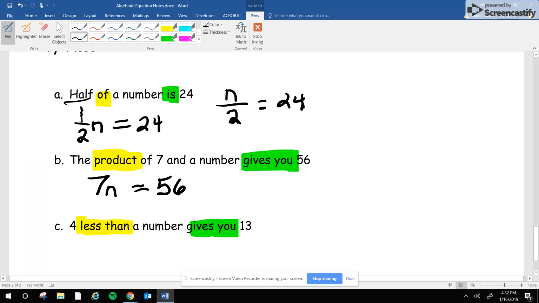So we need to list our number first because we're taking 4 less than that. So for our number, we don't have a variable, so I'm going to use n, and I want 4 less than that, so it's going to be n minus 4, and it's going to give you equals 13. So our two expressions to make them equal: one side is n minus 4, and the other side is 13.